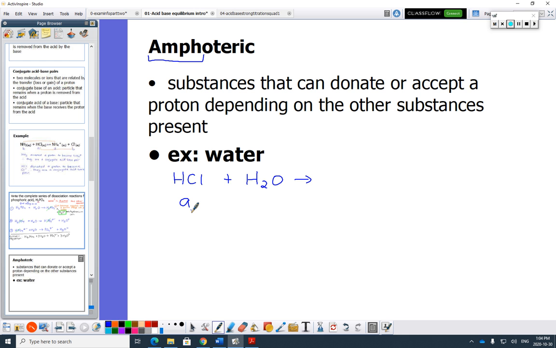So HCl donates, and water accepts. But water can also donate protons to bases. Ammonia is a base.